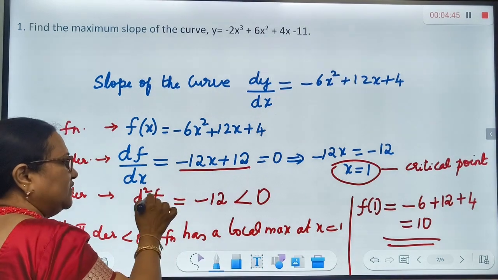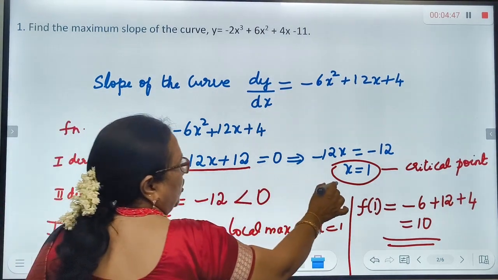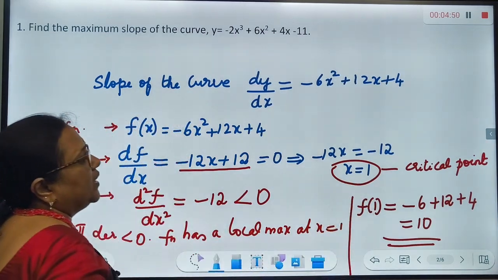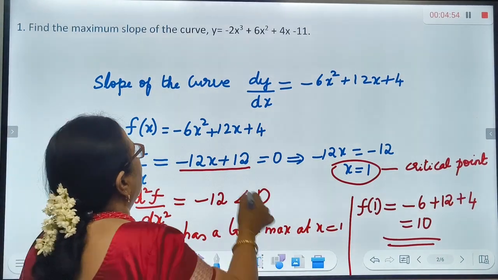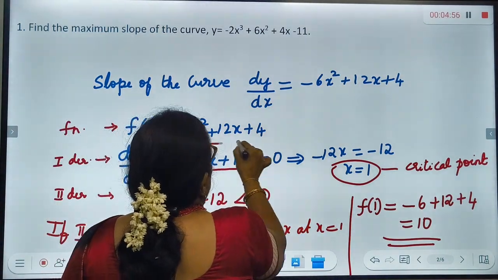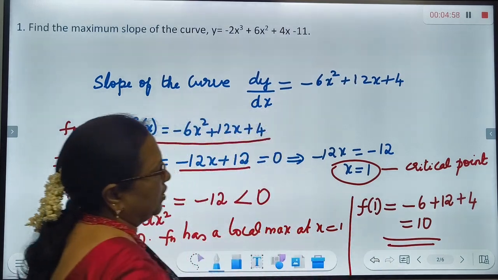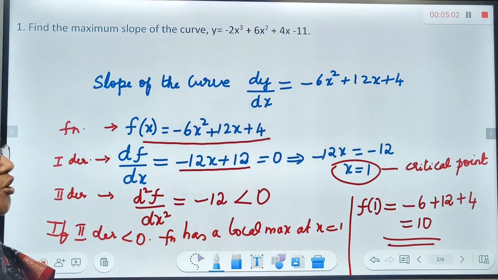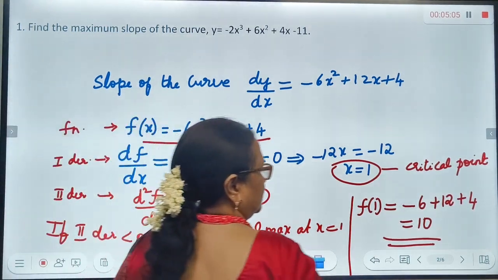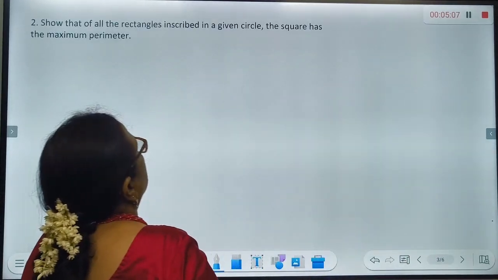If the second derivative is negative for x equal to 1, then x equal to 1 is a point of local maximum. And what is the maximum value? I have substituted in f of x and found f of 1 equal to 10. So the maximum slope is 10.